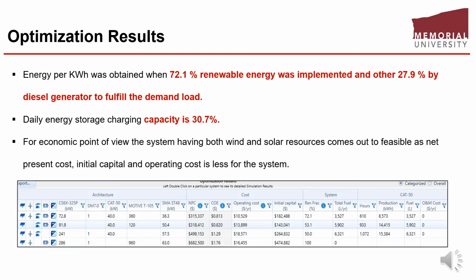Fulfilling the load demand means supplying the total load, and battery charging is also considered in it, in which the daily charging capacity is around 30.7%. From the economic point of view, the system having both wind and solar resources comes out as a very feasible solution. It can be seen from the table.